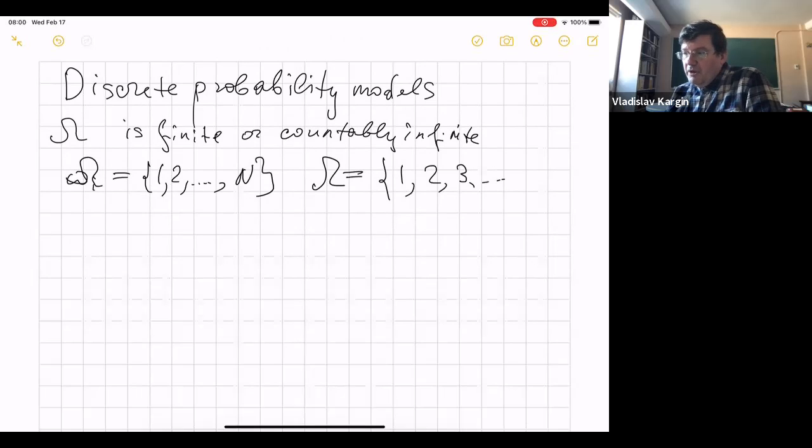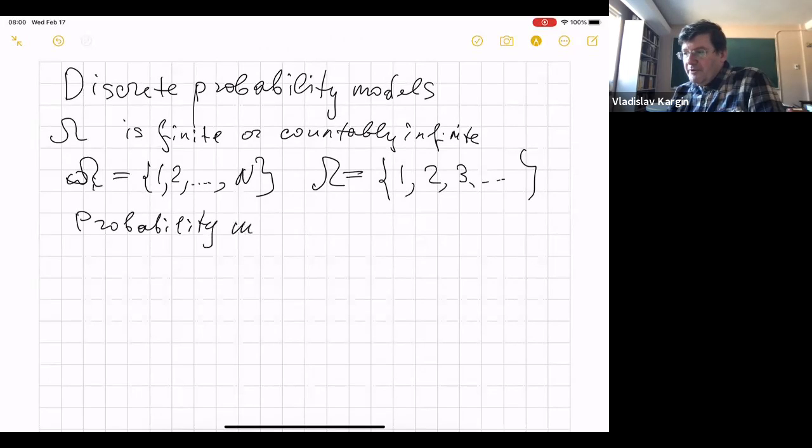In this case, it can potentially be any number of outcomes, so you cannot get an upper bound on this.